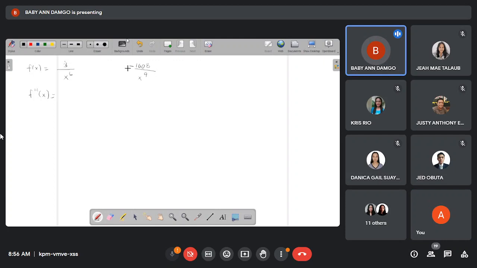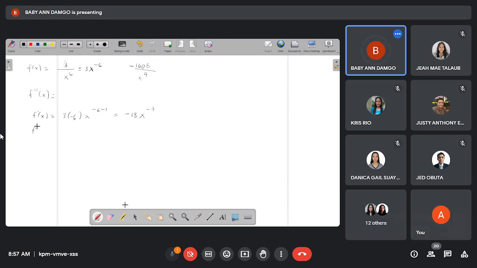Okay, let's try it. So, this is equal to 3x to the power of negative 6. The first derivative is 3 times negative 6 x to the power of negative 6 minus 1, which is equal to negative 18 x to the power of negative 7.